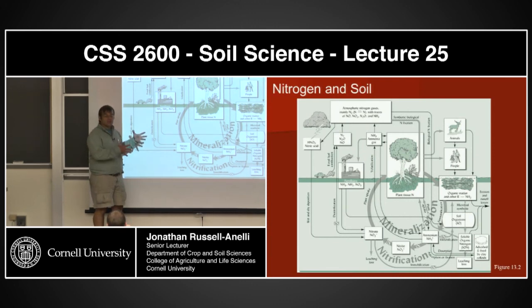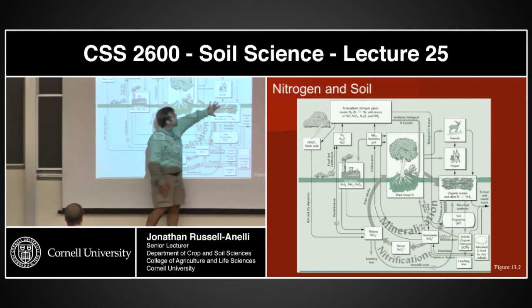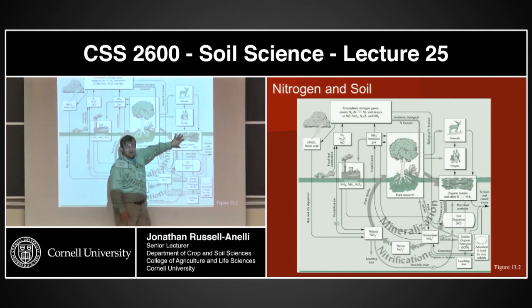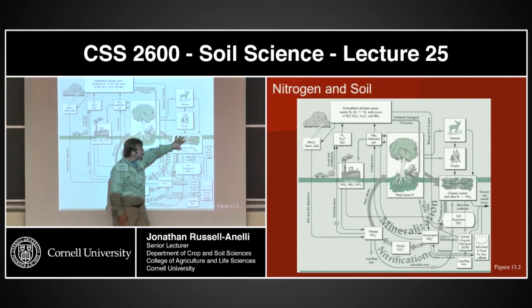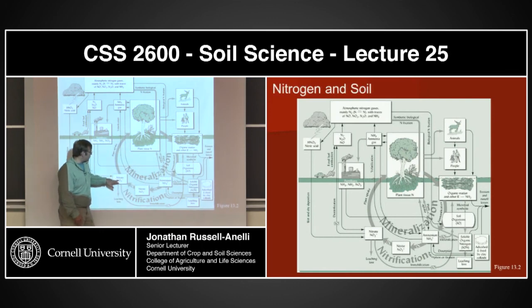So let's walk through this cycle one more time. Here's our plant tissue. Biomass, whether that biomass gets into the soil through harvesting and eating, that biomass is going to get to the soil. This material is then going to be synthesized by microbial populations, soil organic material, and we're going to see ammonification or mineralization. Ammonia is going to go through nitrite and nitrate.